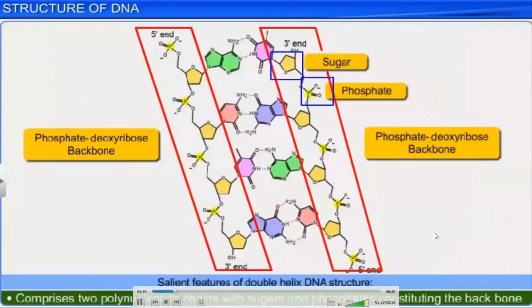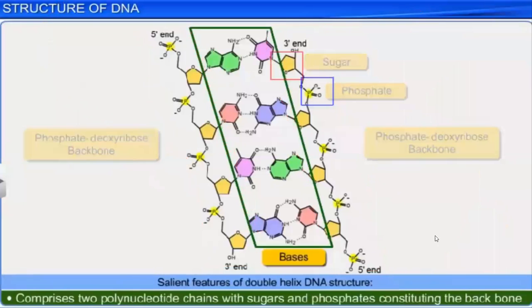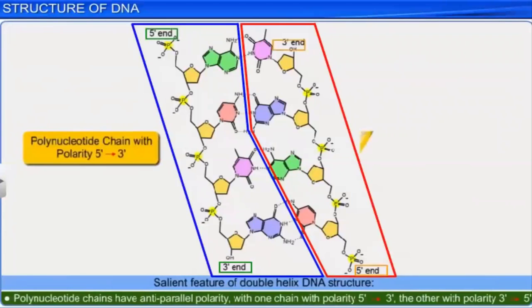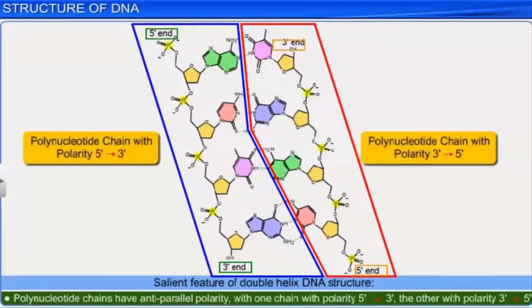Constituted by sugar phosphate with bases projecting inside. The double helix structure has several other salient features too. Its two polynucleotide chains have anti-parallel polarity. That is, if one chain has a polarity 5 prime to 3 prime, the other has 3 prime to 5 prime.